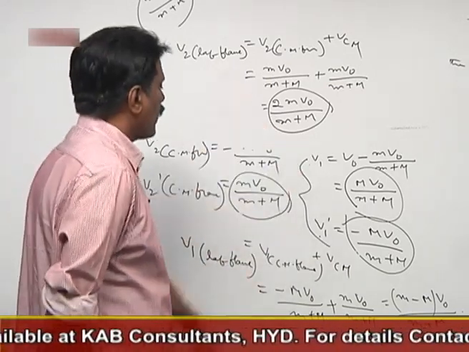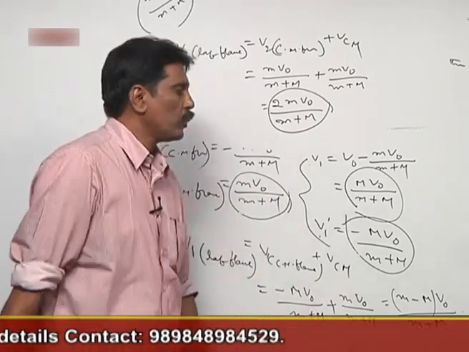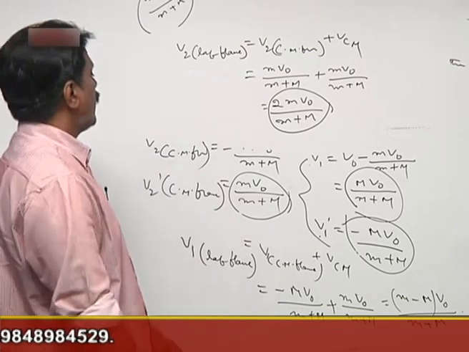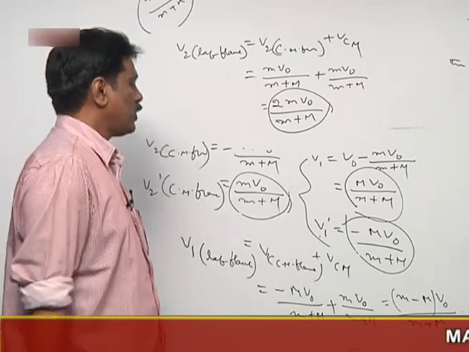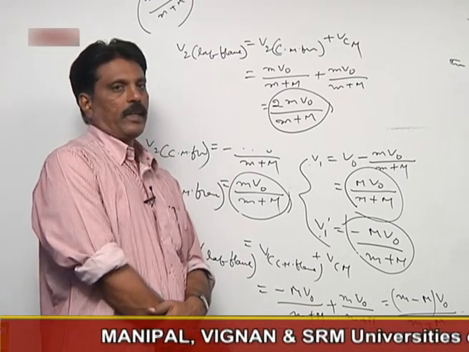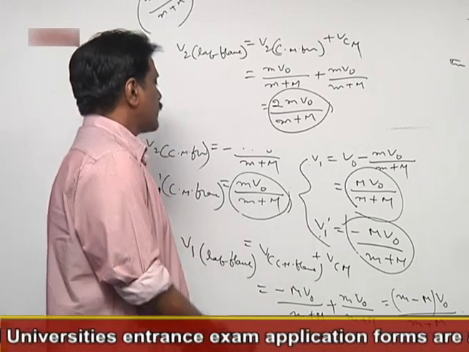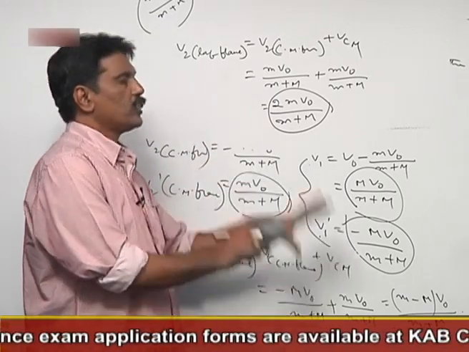These two are the final velocities after the elastic collision, which we are able to derive using the center of mass frame. So that is the advantage of the center of mass frame. In the center of mass frame, final velocities can be known using this method.